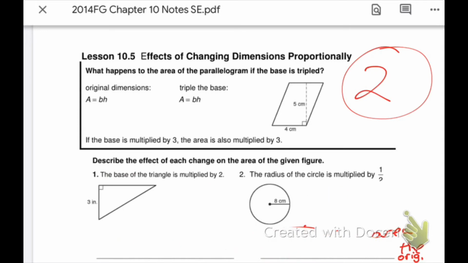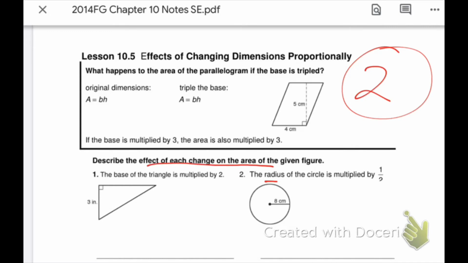Alright, now let's look at example 2. Again, I would suggest that you guys pause the video, try this on your own. Just see if you can do it. But let's do this together. So, describe the effect on the area.